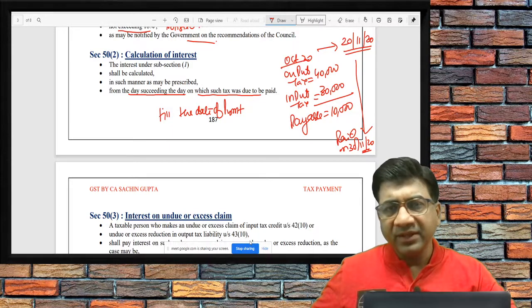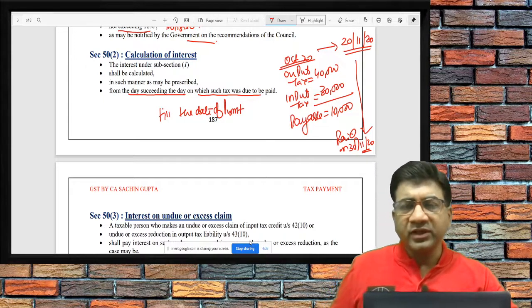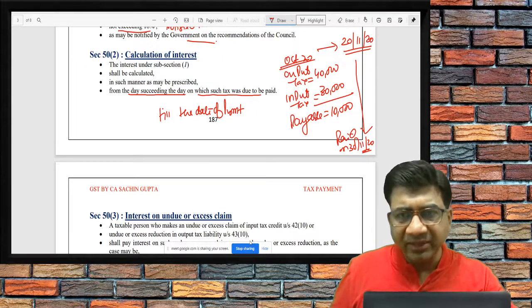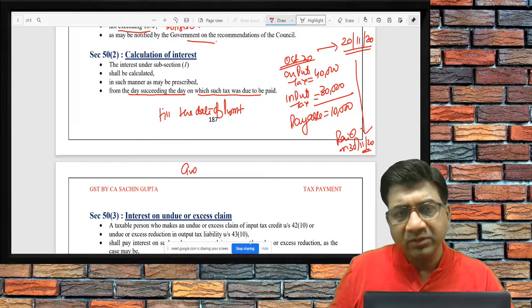October 20 liability, I need to pay by the 20th of November. But I didn't pay on the 20th of November. I paid on the 30th of November. First, tell me, is the interest payable on the gross amount or on the net amount? Net amount. Earlier it was the gross amount.